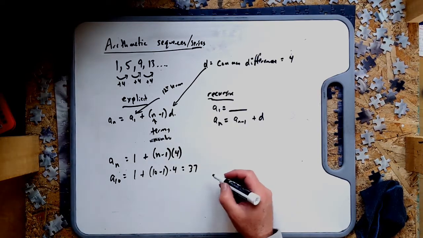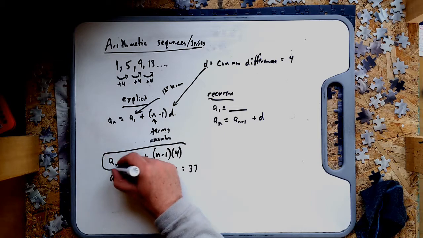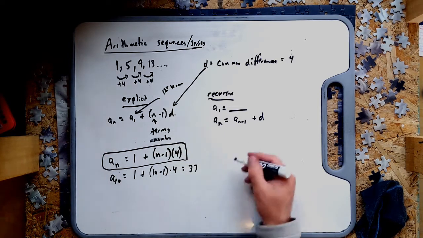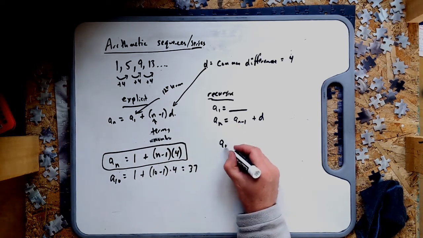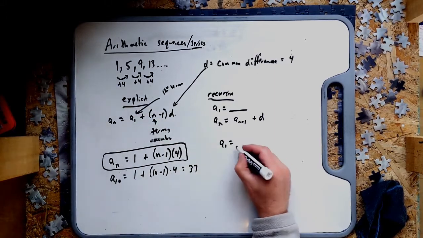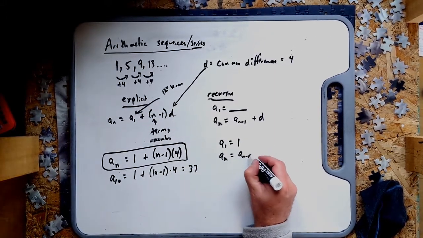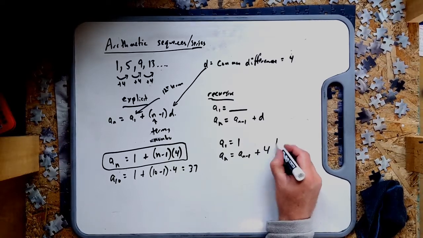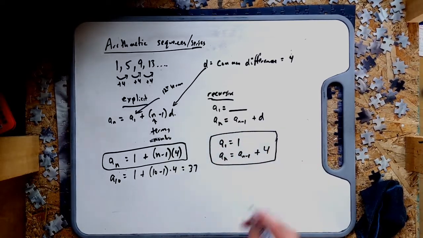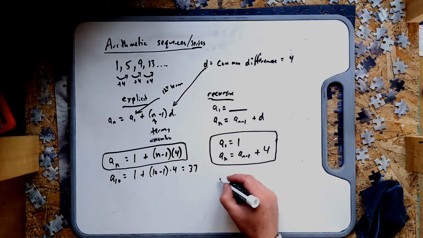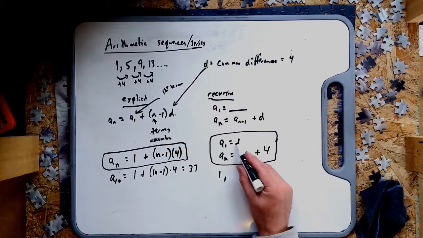Okay, the recursive formula. Let me circle this. This is the actual equation I want, and this is the number for A10. The recursive formula is A1 is, in this case, 1, where I'm starting, and A sub n equals A sub n minus 1 plus 4, and that's my recursive formula. Now, if I want the 10th term, I have to write all the terms out, which I will do. 1, and then I put it in here.